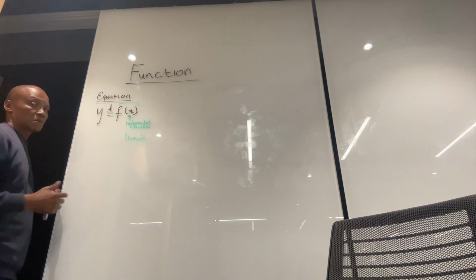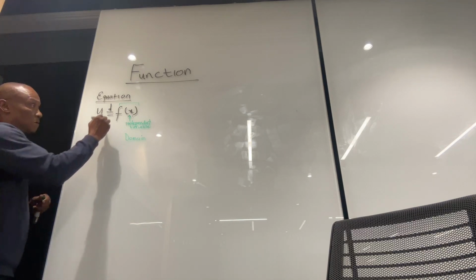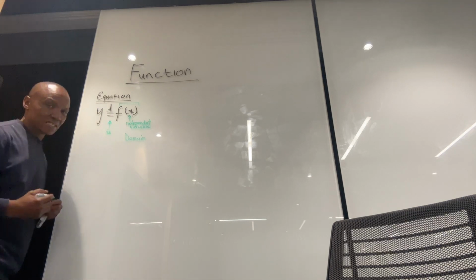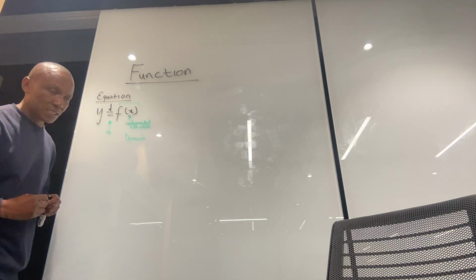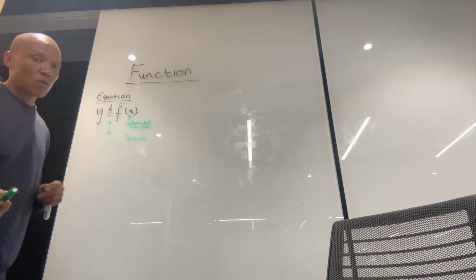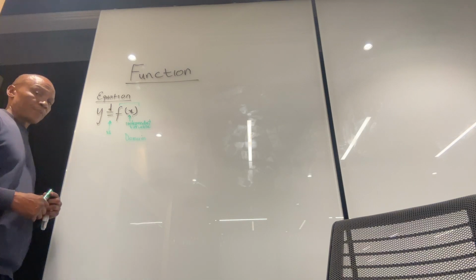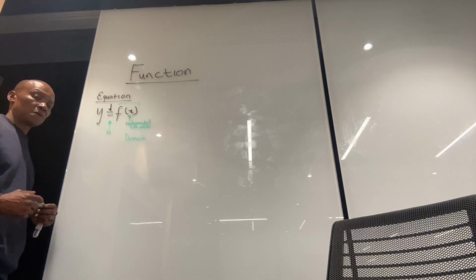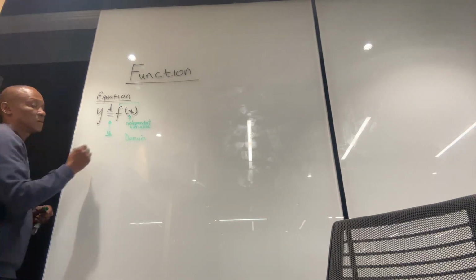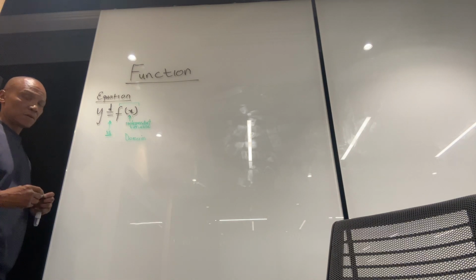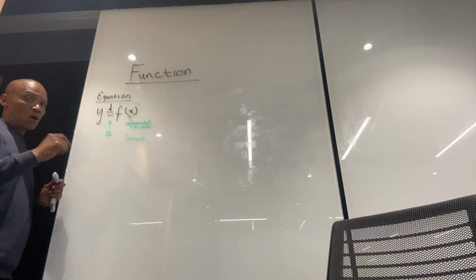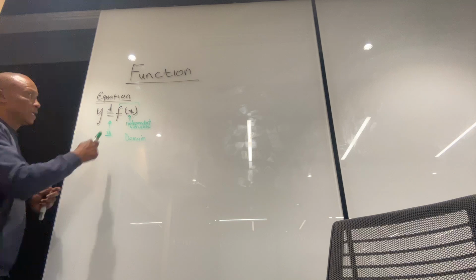Y is, using this word for is, it is it. You can say y is equal to a function of x, meaning it is a function.